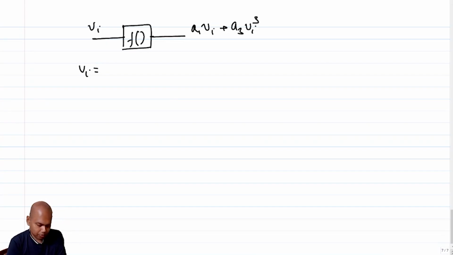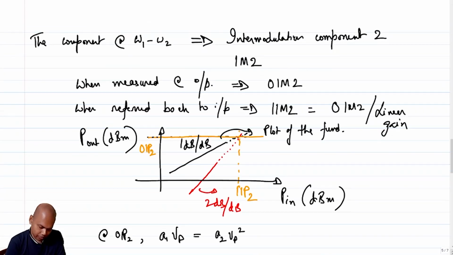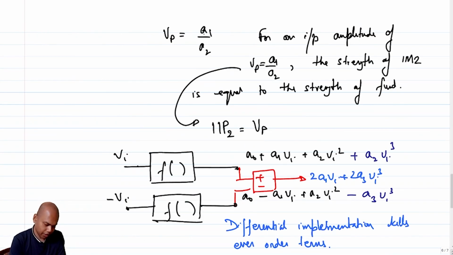By the way, one question before I move forward, I probably needed to address this. What is the unit of a1 over a2? Note that v naught was a1 vi plus a2 vi squared plus a naught, right?